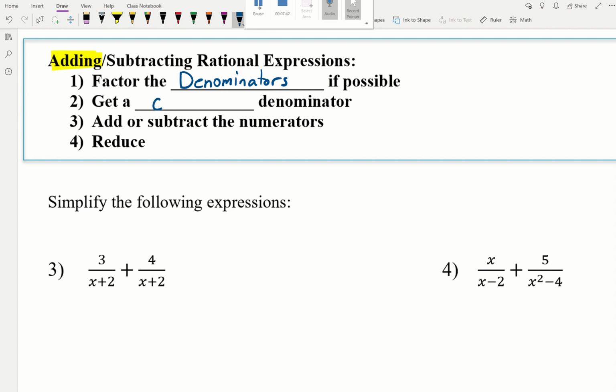Then we're going to get a common denominator, which we always want to be the least common denominator. From there, we add or subtract the numerators, and then we're going to reduce if possible. So you're not always going to be able to reduce, but we're going to reduce if possible.